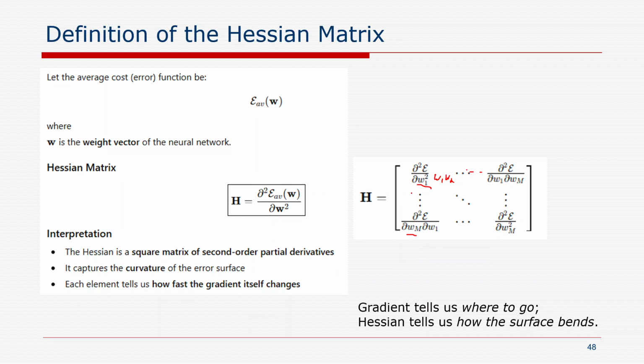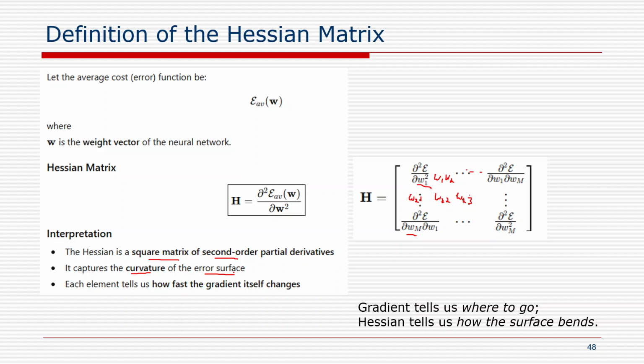Similarly, the second row will be the second order partial derivative of W2 with respect to W1, and then W2 with W2, and W2 with W3. The interpretation is the Hessian is a square matrix of the second order partial derivatives. This captures the curvature of the error surface.